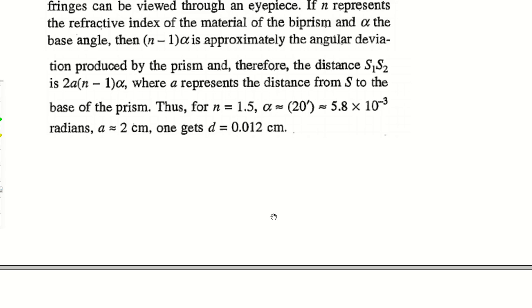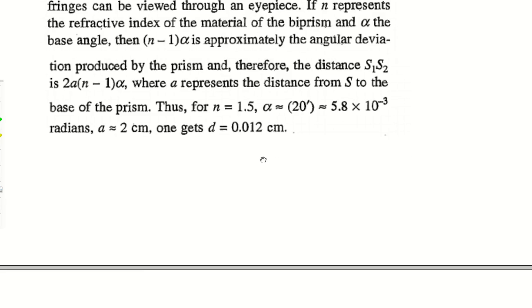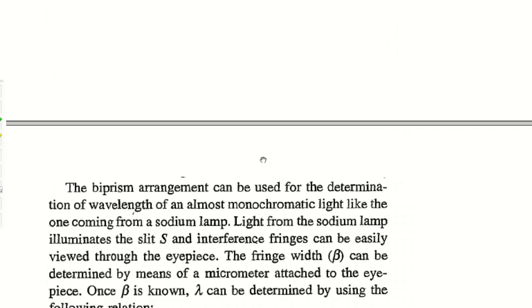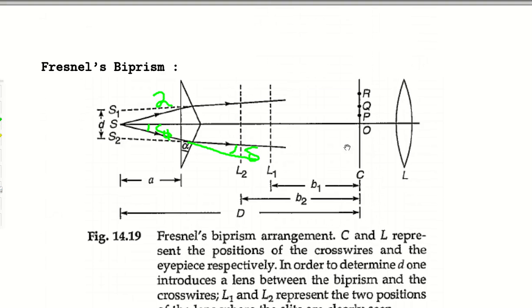So we have to move into a more precise experiment, so that this small d, that is the slit separation S1 S2, can be measured with good accuracy. For this, let us use a technique where, forgetting about interference, we just look at these two sources S1 S2 and the distance between them as d.